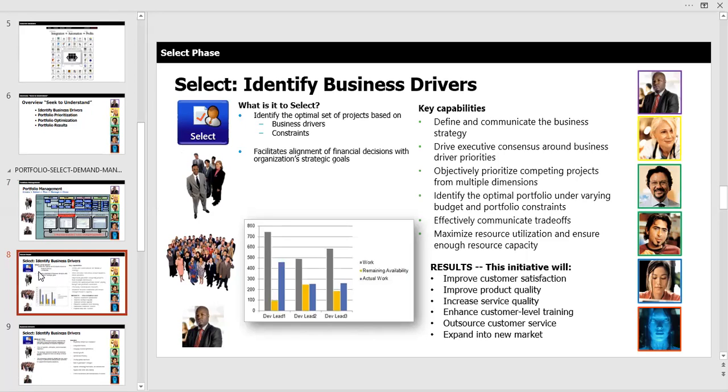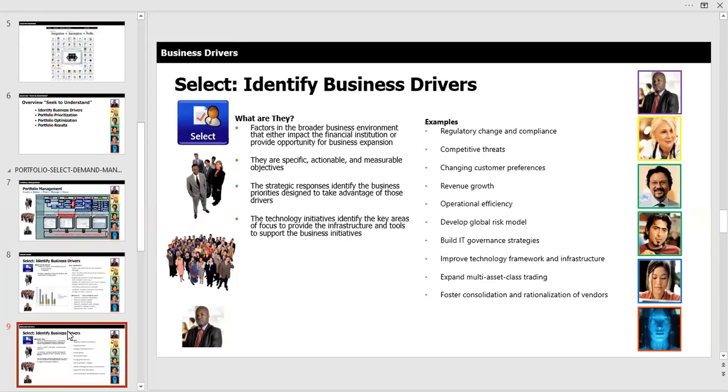They help you identify the optimum portfolio when you consider both the money and the strategy that you're pursuing. They also help you manage trade-offs, and ultimately they help you maximize resource utilization: money, materials, machinery, and human manpower. And then the results: improve customer satisfaction, improve product quality, increase service quality, enhance customer-level training, outsource customer service, et cetera, et cetera.